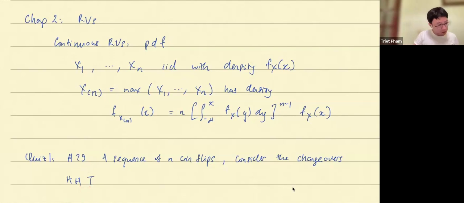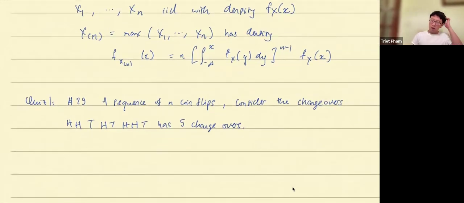So head, tail, tail, head, tail has, 1, 2, 3, 4, and 5 changeovers.